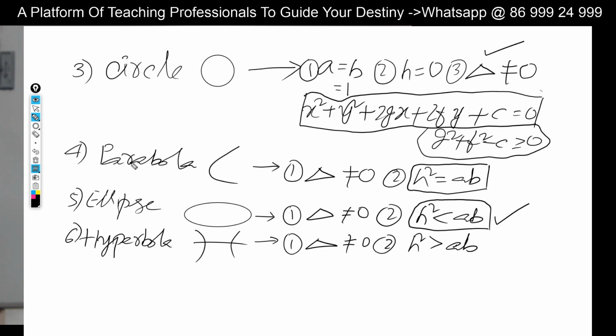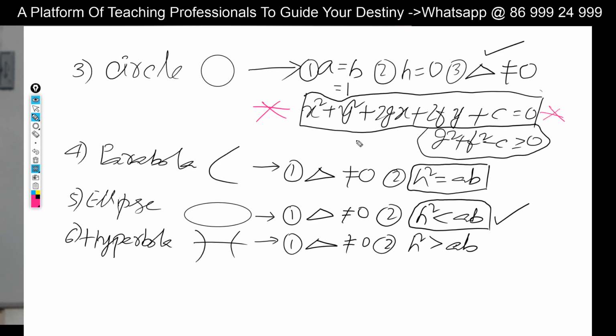But in coordinate geometry, it is not like that. Every geometrical figure is given an algebraic shape. This is the algebraic shape of the circle.